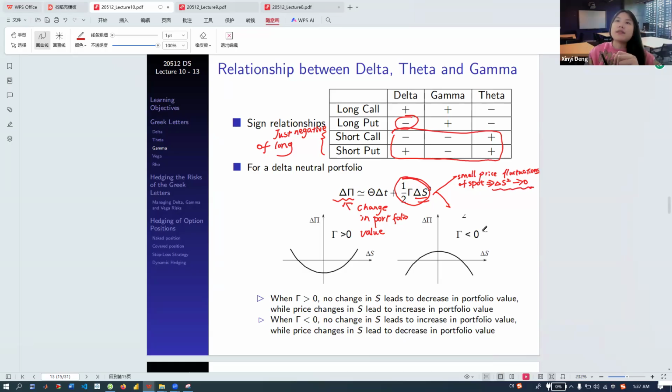It's like delta S squared is approaching zero. If that's the case, the change in portfolio value will be approximately equal to theta times delta t. That's good, so it means that our delta neutral portfolio is successful.